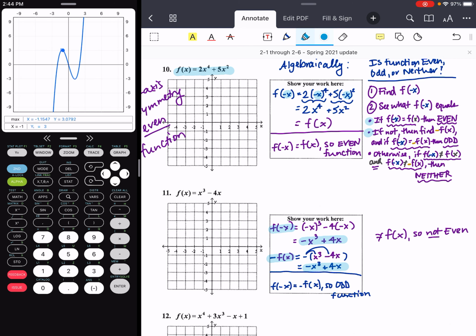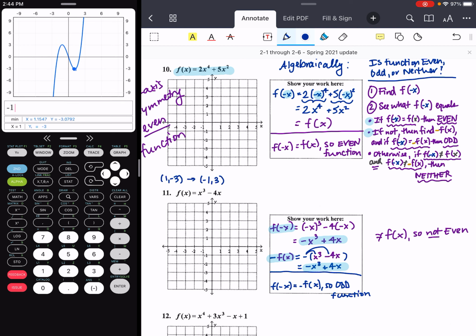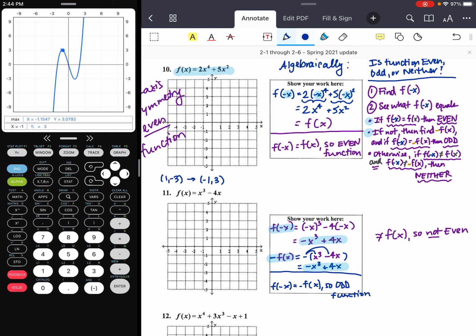So if we look at our graph, we can see those matches across the origin. For example, if I use trace and enter x equals 1, I have y equals -3. So because I have (1, -3), I should have a matching (-1, 3). If I type in negative 1, there's my positive 3. If I type in x equals 2, I have (2, 0).